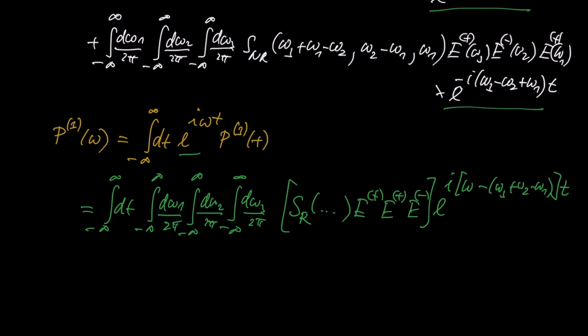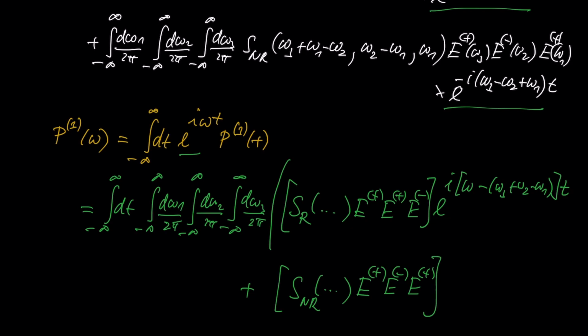And a second contribution which is plus the non-rephasing pathway with its arguments, and here we have E plus, E minus, E plus. Again, the order is from the right to the left. And e to the power of i (omega minus omega 3 minus omega 2 plus omega 1) t.